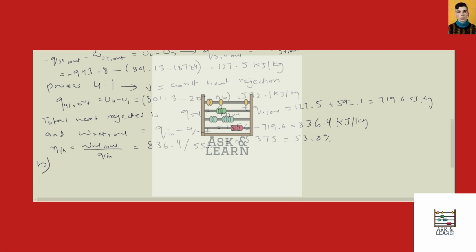Now at last we will calculate the mean effective pressure. For that we first write V1 is equal to R T1 divided by P1, which is 0.287 times 293 divided by 95, equal to 0.8852 meter cube per kg, which is V maximum, as V minimum is equal to V2, which is V max divided by r.